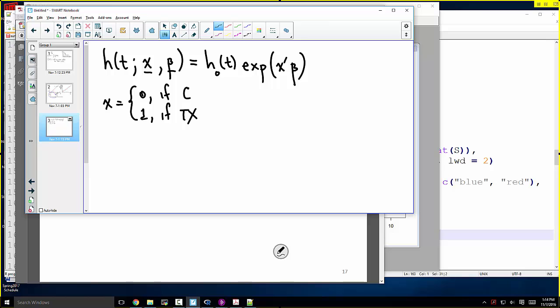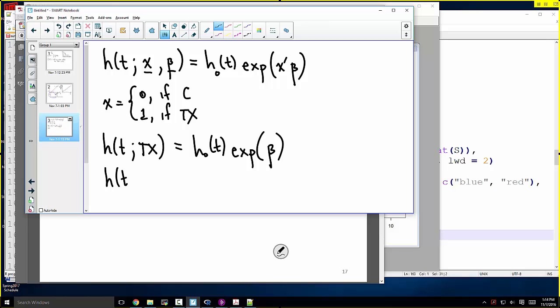Then the hazard at time t for a treatment individual will equal h0 of t e to the beta. Whereas for a control individual, h of t would be h0 of t e to the 1.